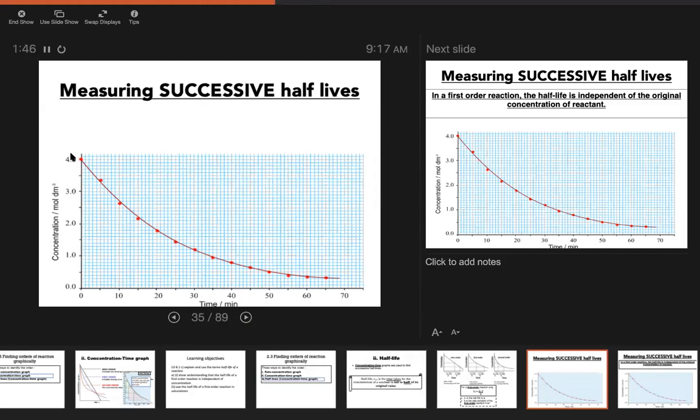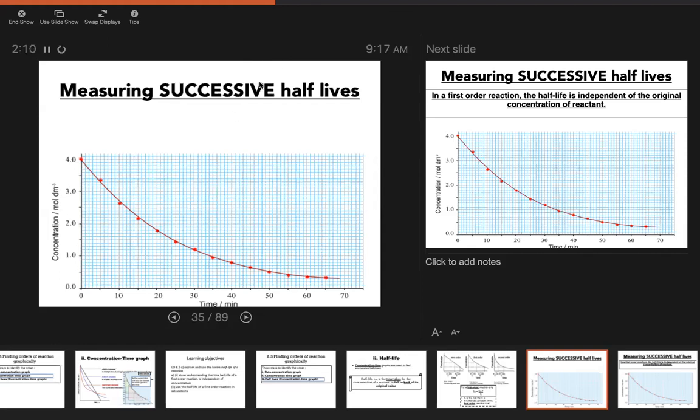You can start at 4, 3, 2, 1. The easiest one is I'll start at 4, because at 4 my time is 0, right? So if I start with 4, half of my concentration would be 2, correct?